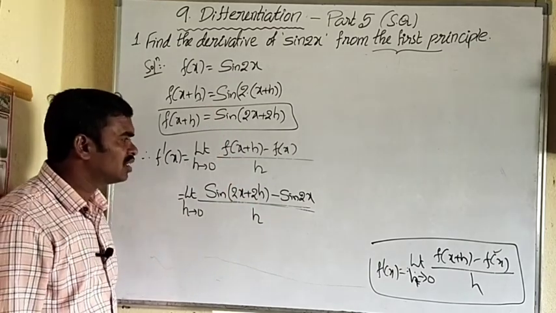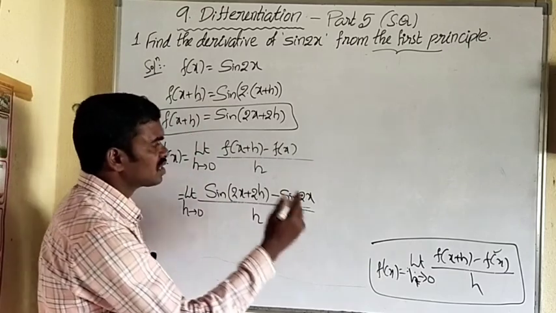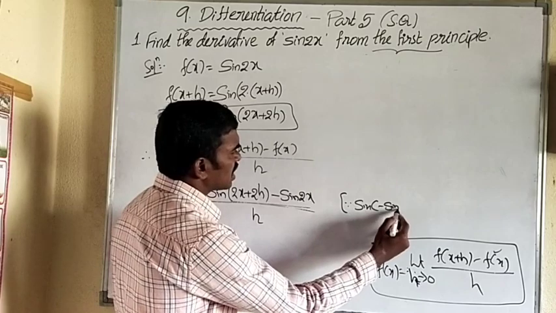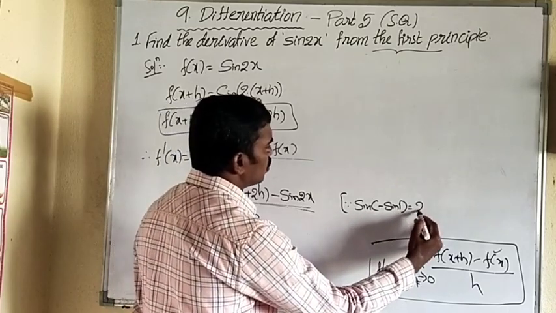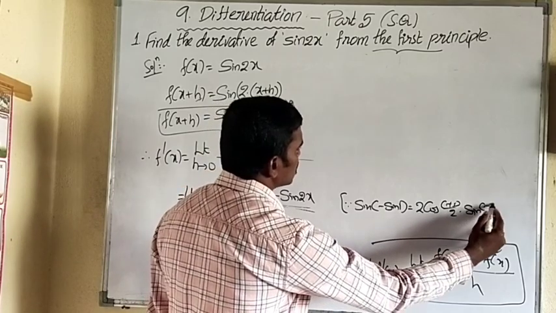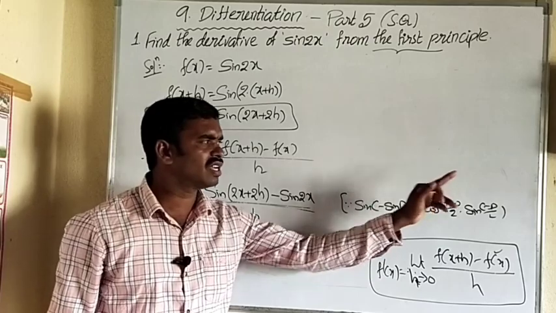How to find it? Very simple. Use the sin c minus sin d formula. Sin c minus sin d is 2 cos of c plus d by 2, sin of c minus d by 2. The first formula, sin c plus sin d, is 2 sin cos.